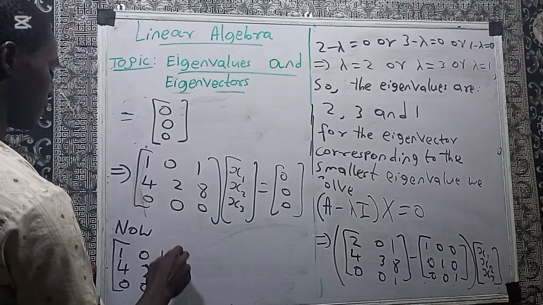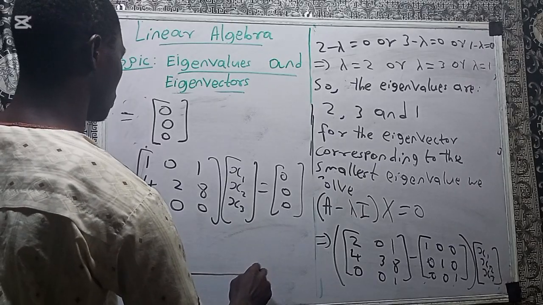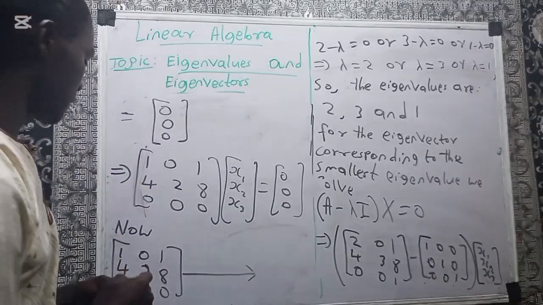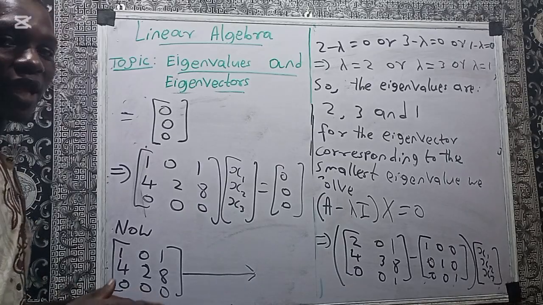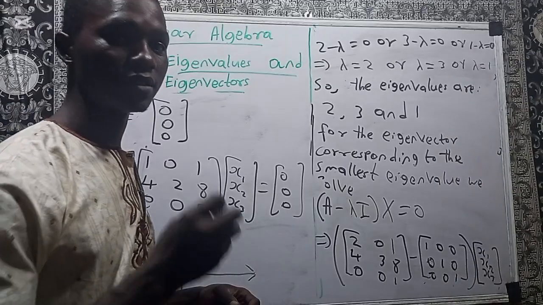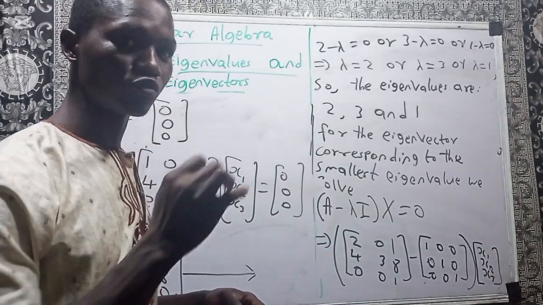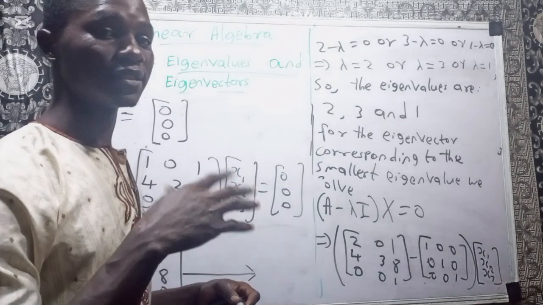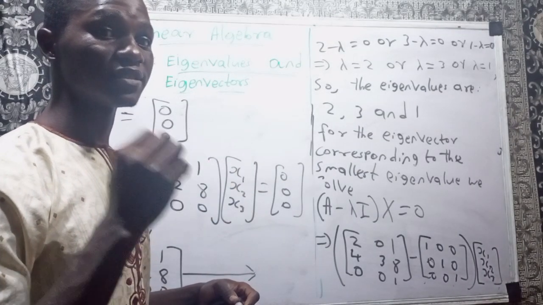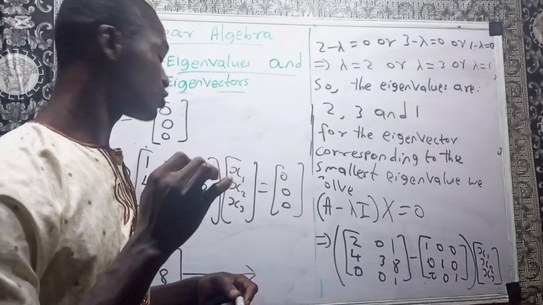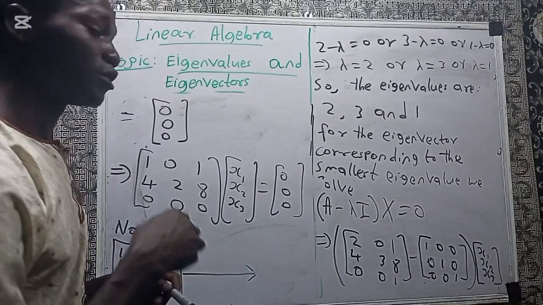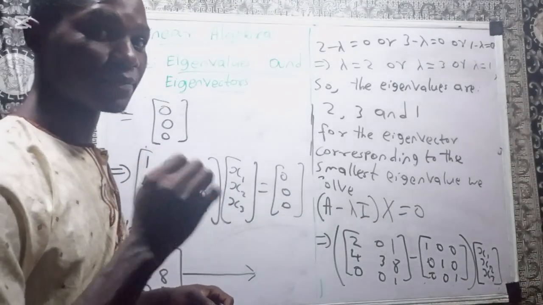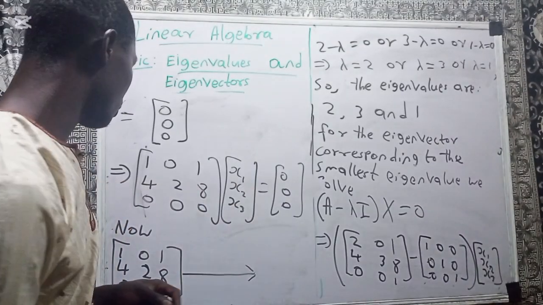I will try to make the first non-zero number in each row to be 1. But if the first non-zero number in a particular row is already 1, no problem.